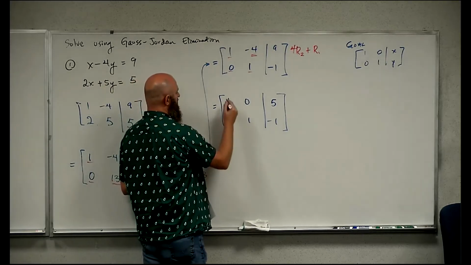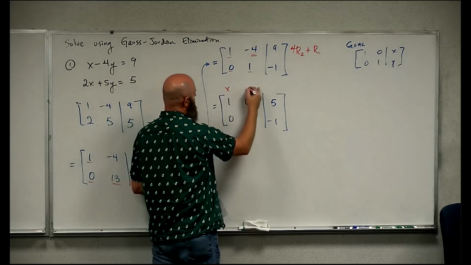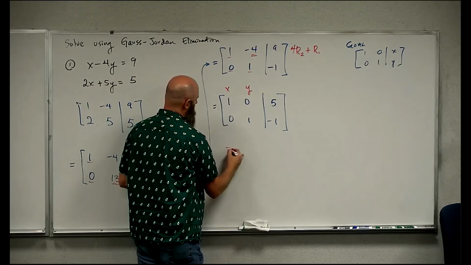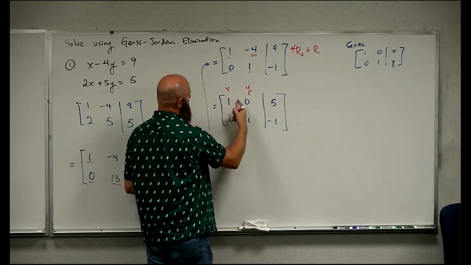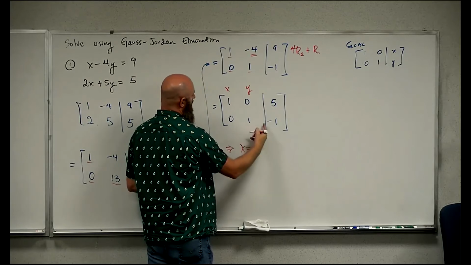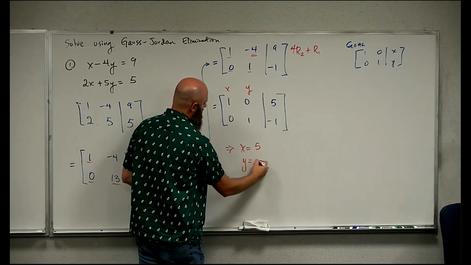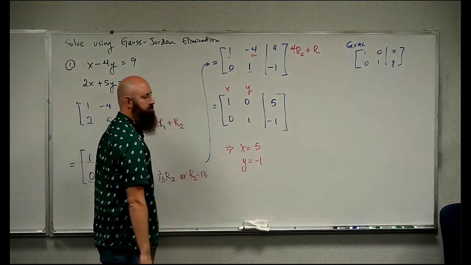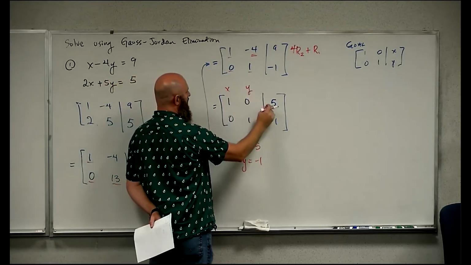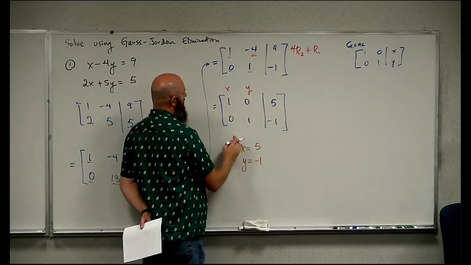All right, well, finally here, what does this tell me? Well, this column we said earlier represents the X values. This column represents the Y value. So this is telling me X equals 5, Y equals negative 1. Because this is a 1X, no Y equals 5, so X equals 5.